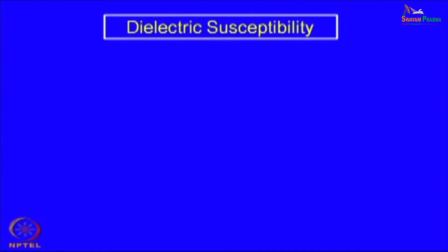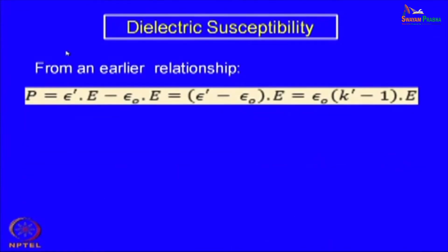There is also another parameter used in dielectric literature, that is dielectric susceptibility. From an earlier relationship, these are rearrangements of those equations used earlier: P equals epsilon prime E minus epsilon naught E. So, P is the parameter related to the insulator or dielectric material.